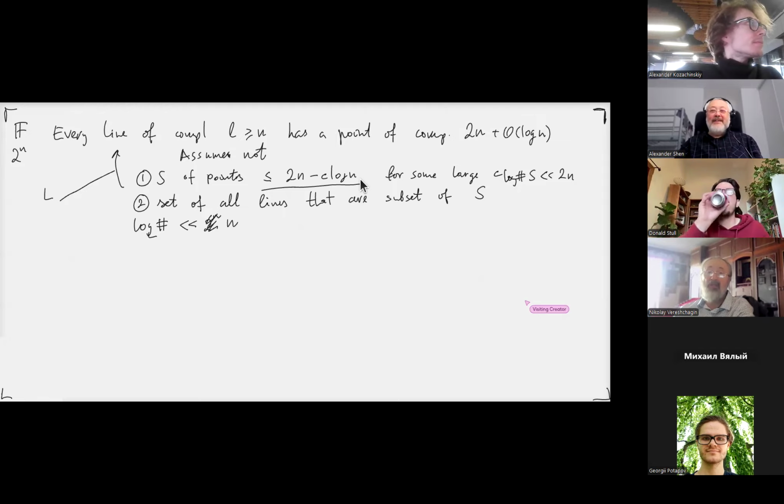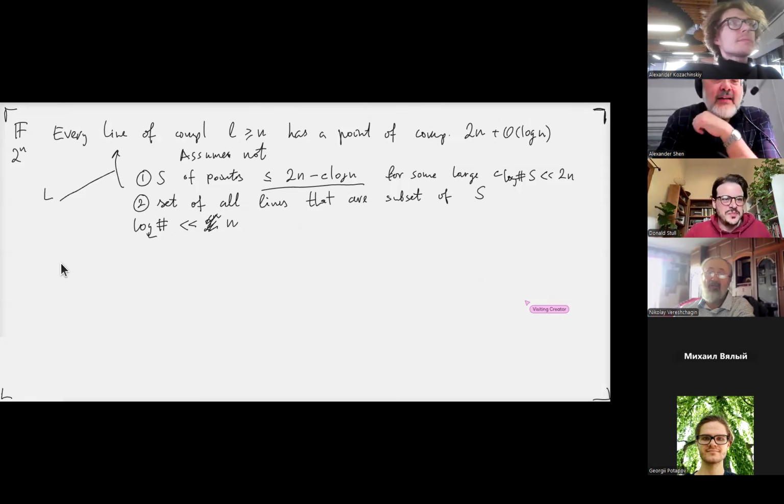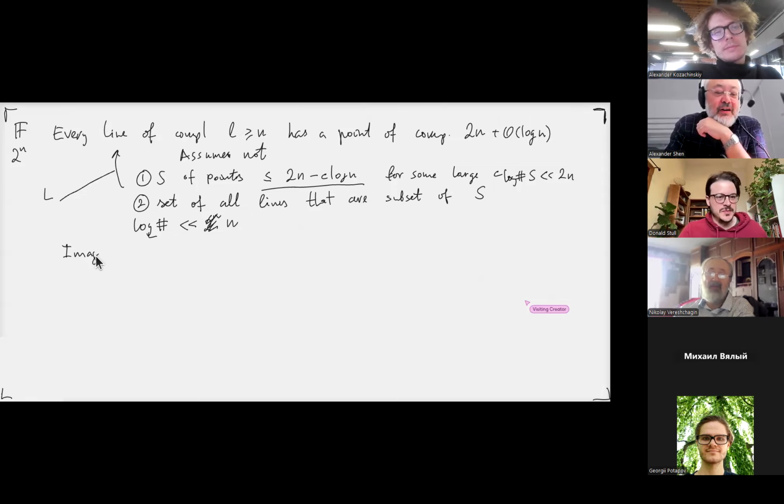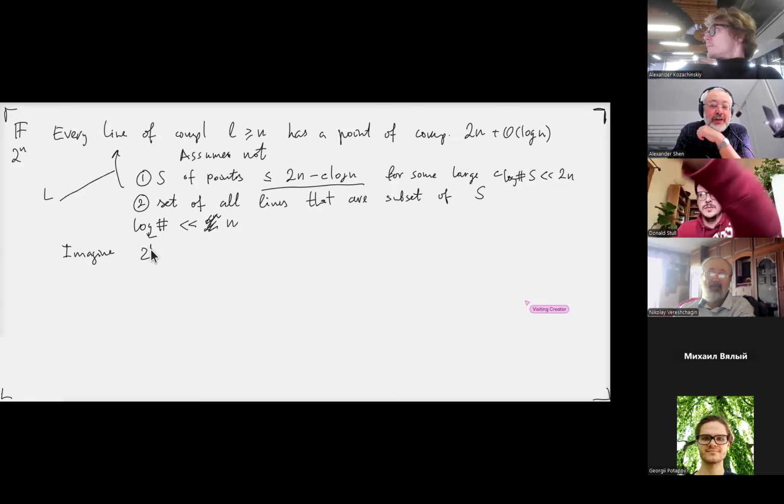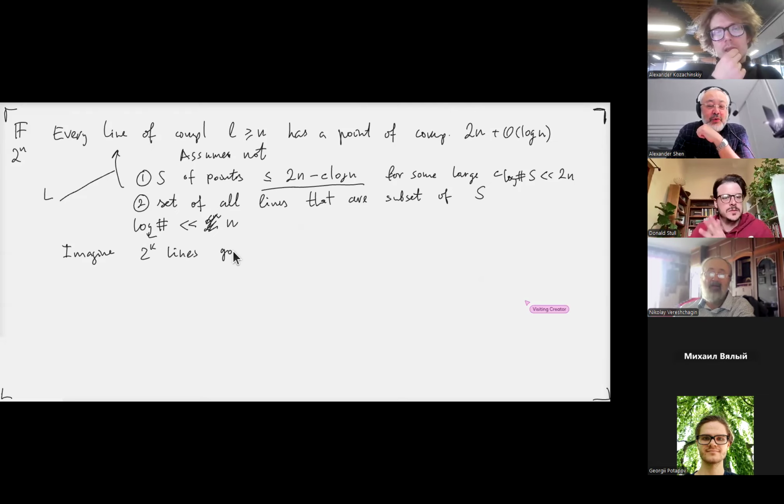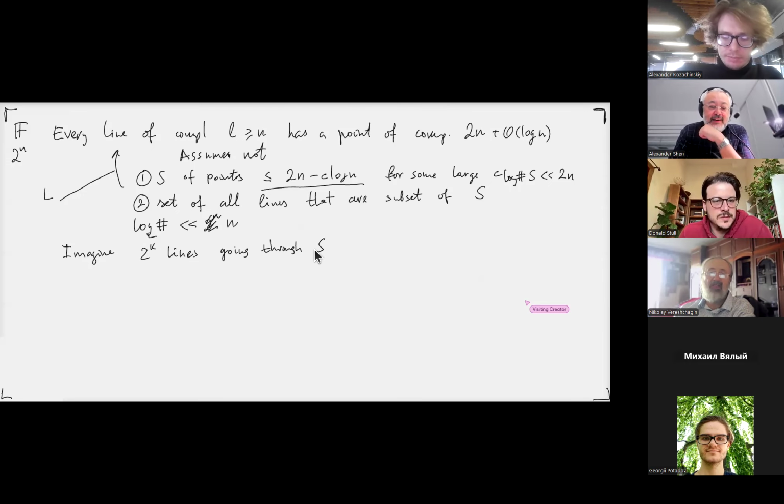So imagine we have 2 to the k lines going through S. We lower bound the total number of points: the total number of points in S is greater than 2 to the k times 2 to the n, I guess.